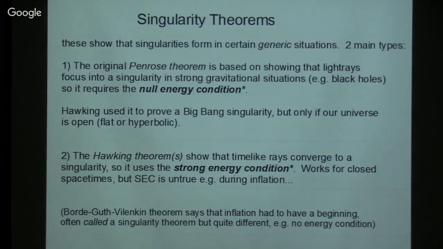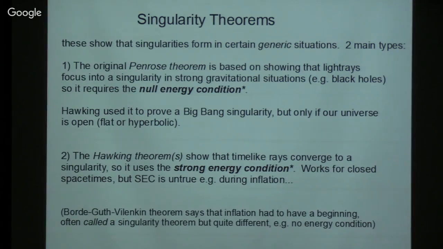There's also something else that sometimes is called a singularity theorem, called the Borde-Guth-Vilenkin theorem, which tells you that if you have eternal inflation, where the accelerating expansion of the universe at the beginning of time expands forever, it can only actually be eternal to the future. It can't actually be eternal to the past.